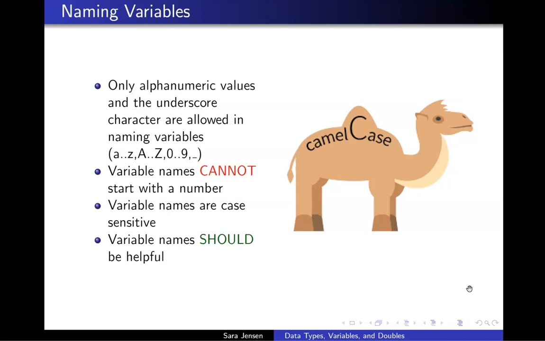For example, if I were creating a variable that was going to hold a driver's license number, we might want to name that variable something like license number.